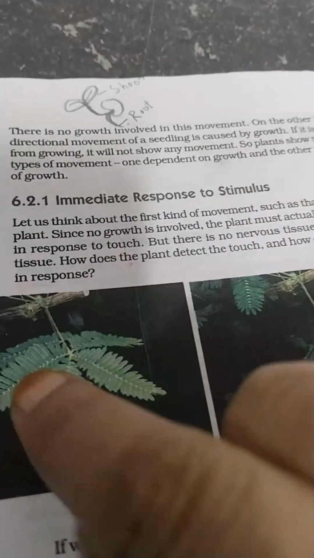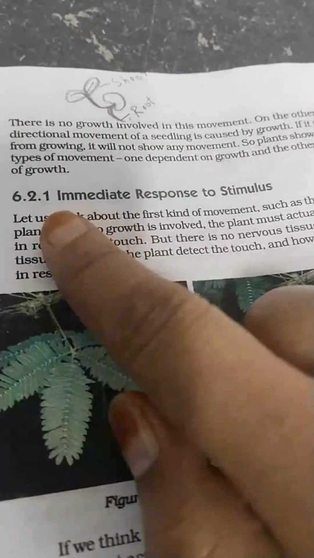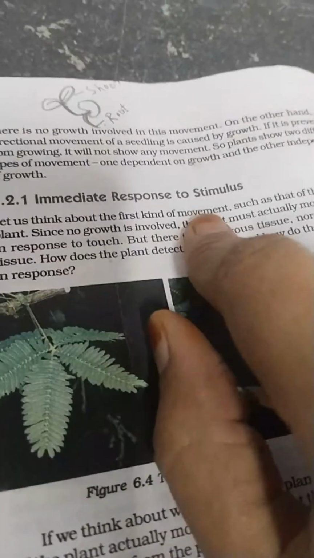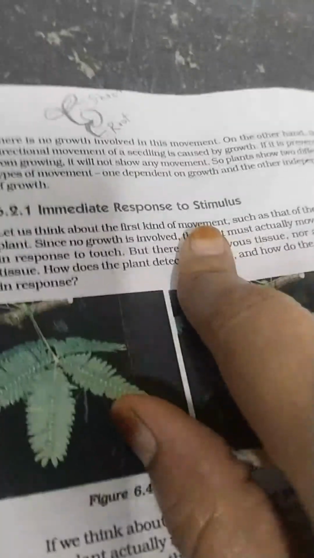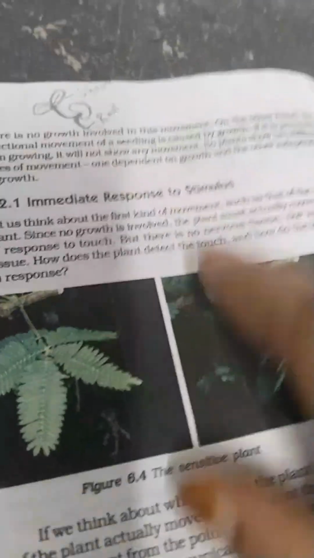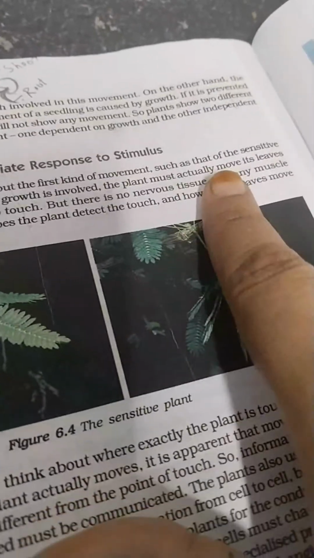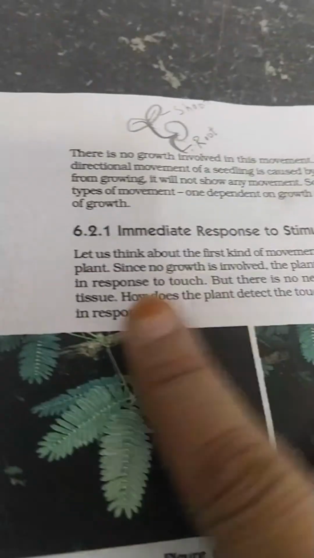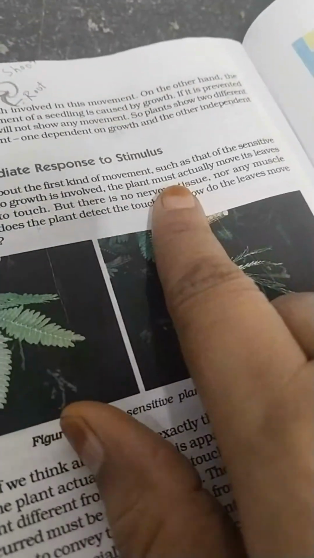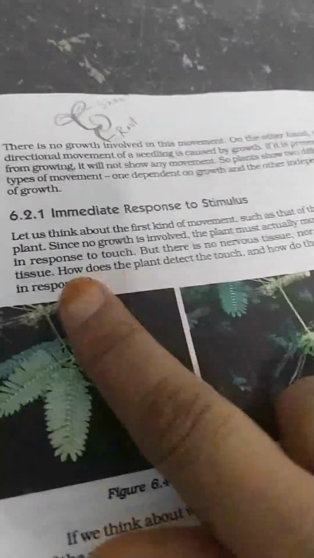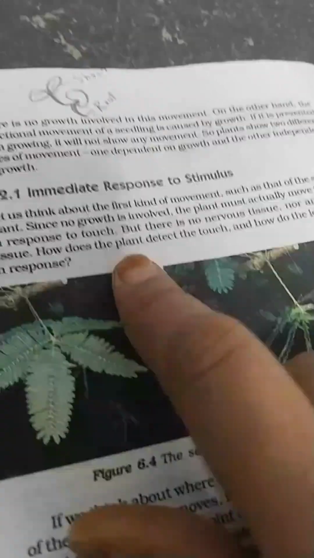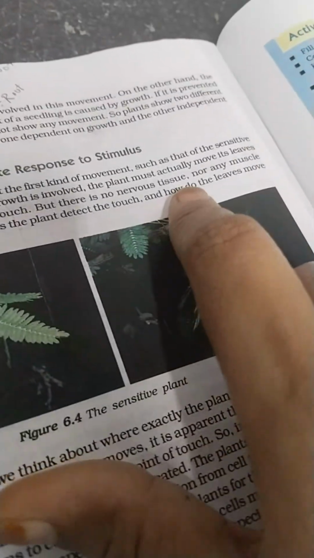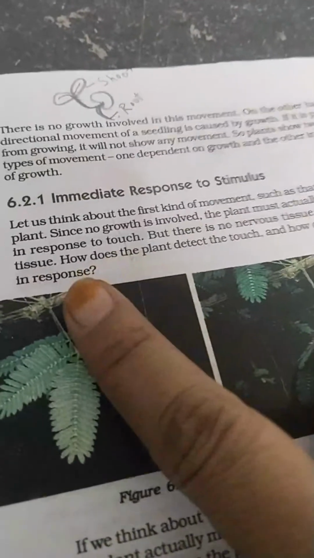As we are watching this plant, let us think about the first kind of movement, such as that of the sensitive plant. Since no growth is involved, the plant must actually move its leaves in response to touch, but there is no nervous tissue nor any muscle tissue.